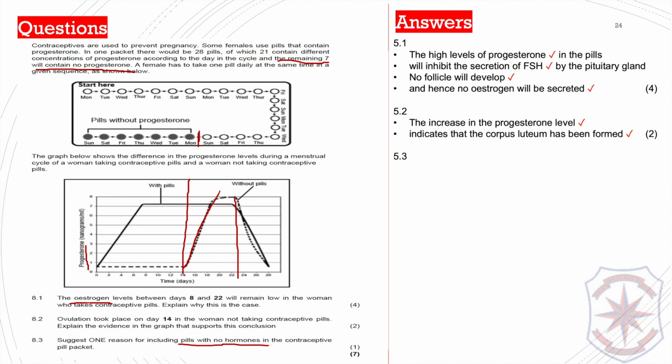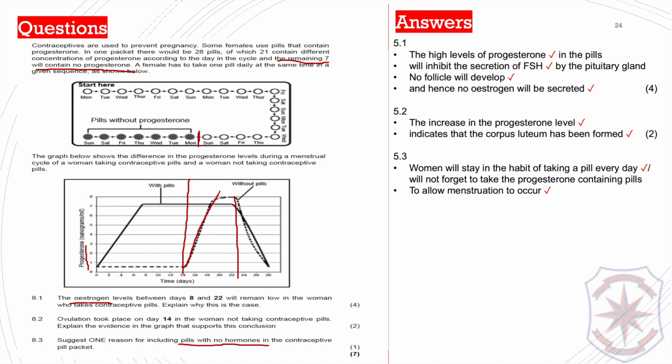So what could be the possible reason? Reason number one, women will stay in the habit of taking pills every day. So it's just to make sure that the woman does not skip a day, or will not forget to take progesterone-containing pills. So it's just to build a habit of taking pills every day.